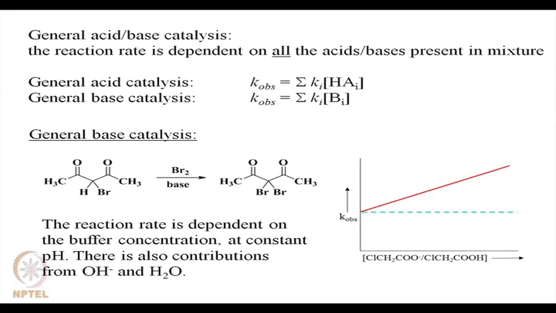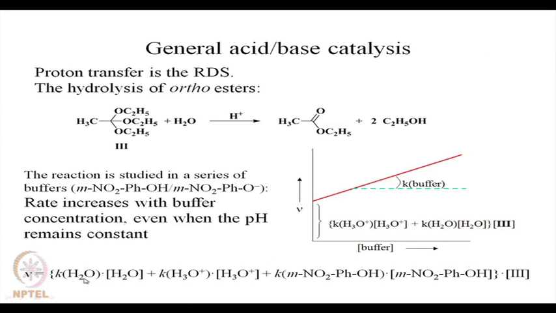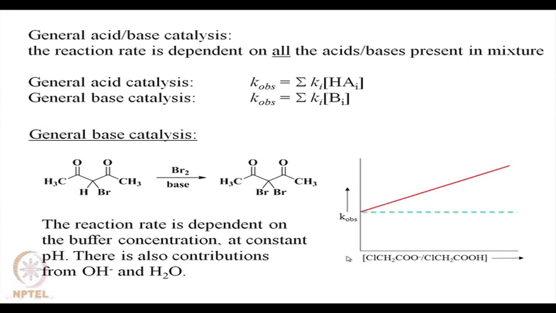Next slide, general acid base catalysis. The reaction rate is dependent on all the acid bases present in a mixture, as I told you that maybe this is a base, this is an acid, and this is also an acid. So, that is why the contribution from all of them is in action.